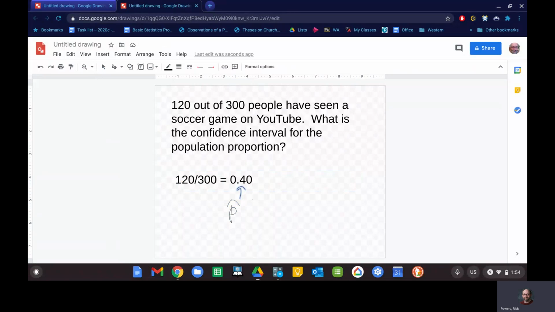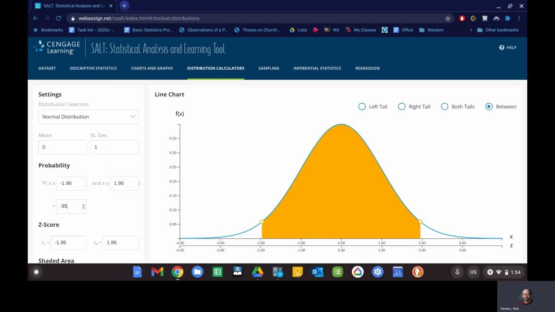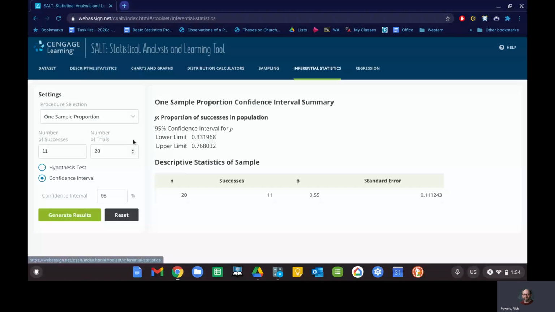That's just for the sample, though. And so based on the idea that these people were randomly chosen out of a population, I then say, what's my population confidence interval? So I go here to inferential statistics, one sample proportion. This was 120 out of 300.